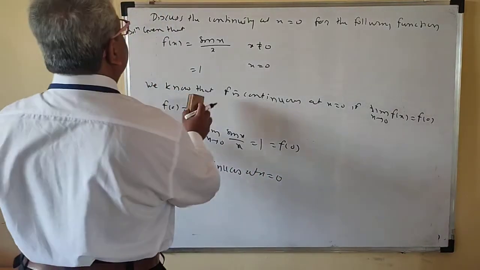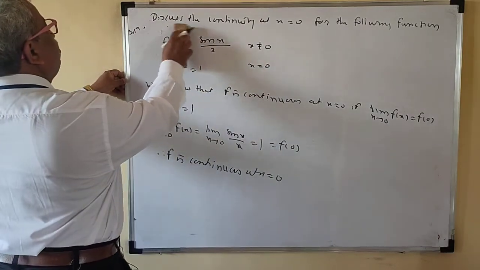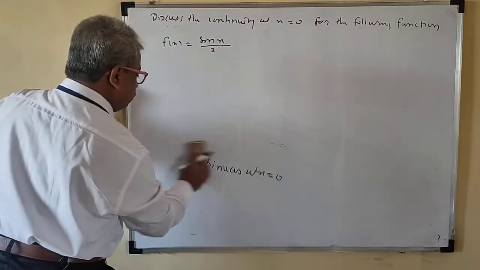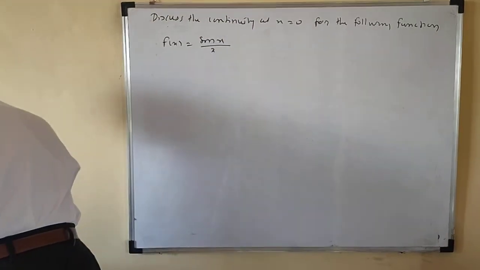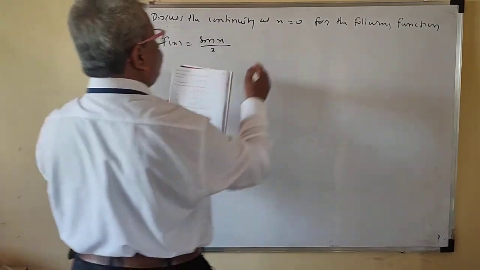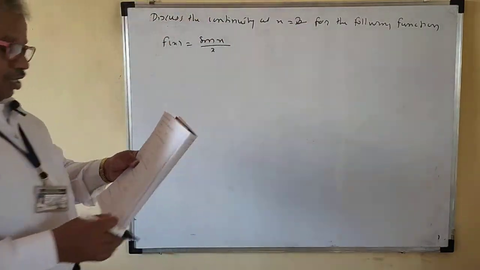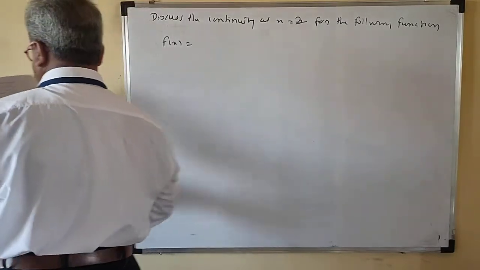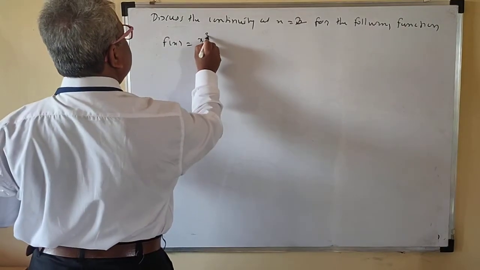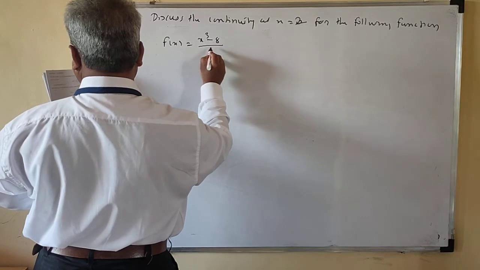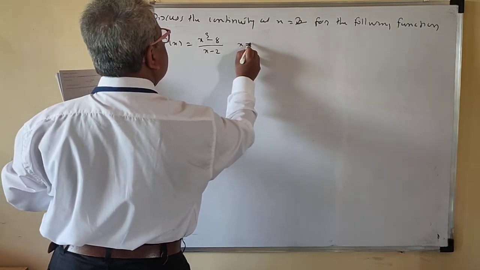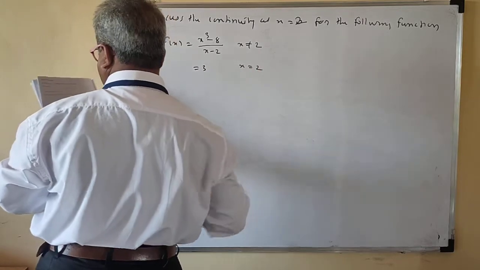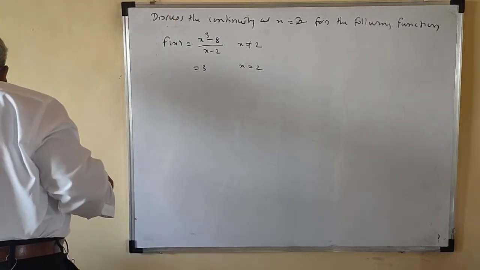Okay. Now next, discuss the continuity at x is equal to 2 now. Discuss the continuity of f of x equal to x cube minus 8 upon x minus 2, x not equal to 2, and 3, x is equal to 2.